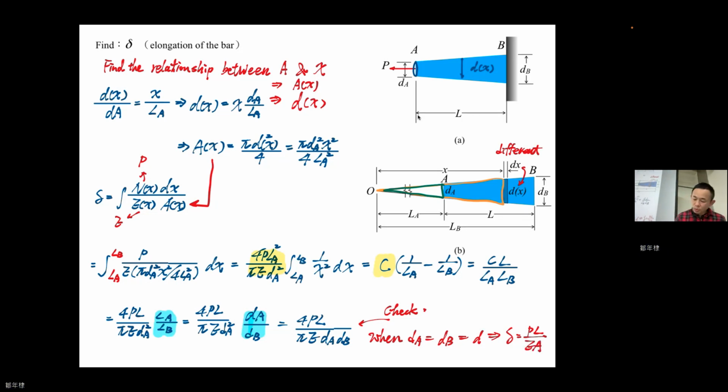When you substitute dA and dB, all these, you can get delta equal to PL divided by EA. Wow. So which means that this is a more complicated problem, and then you make some special case, and then you can return to the one we just did. So this means that this answer must be correct. So this is an easier way for you to check whether the answer you obtain is correct or not.